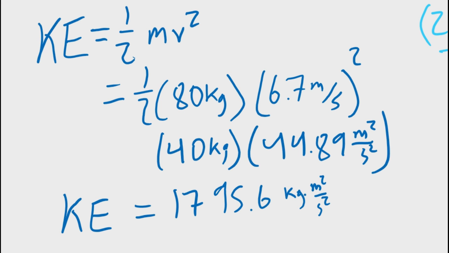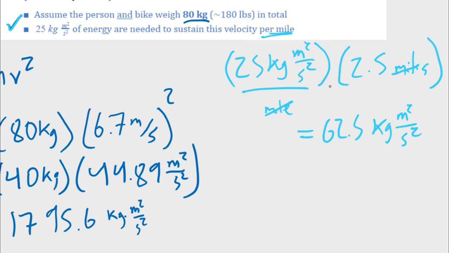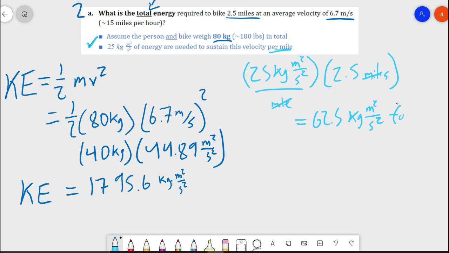Quick review. We calculated how much energy it would take for us to even get to this speed, how much energy is required, and we also calculated how much energy we need per mile to sustain it. Multiply that times the amount of miles, it gives us our total energy for the trip, right? For the whole 2.5 mile trip.